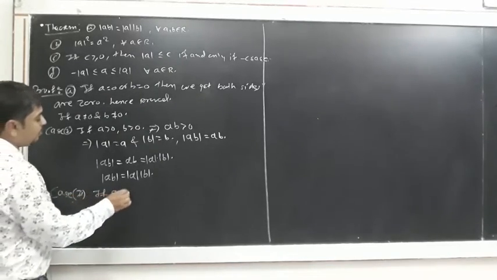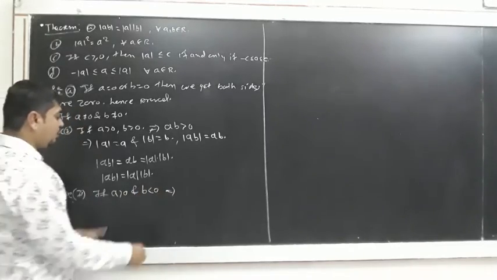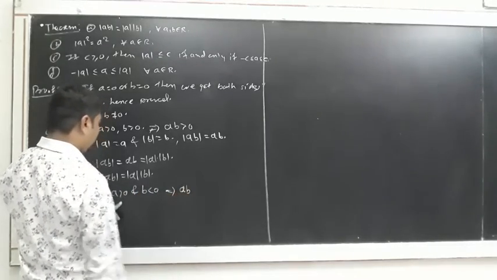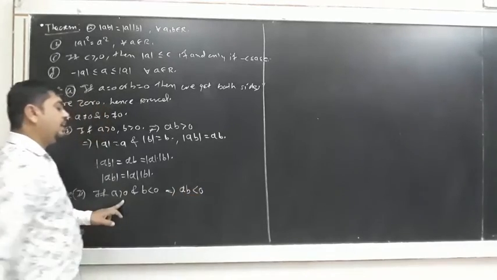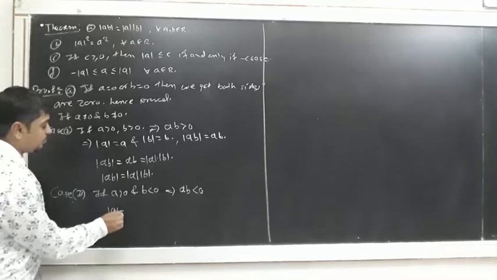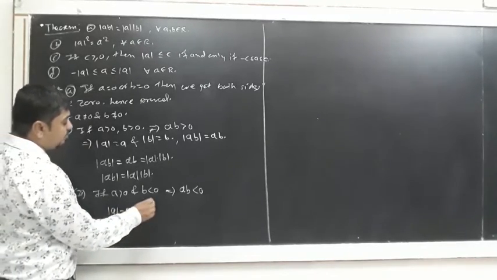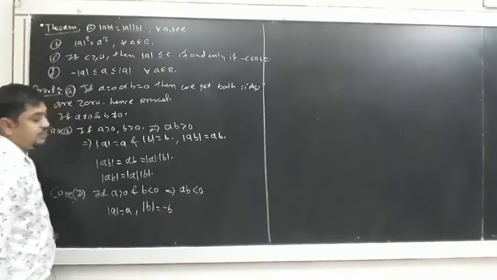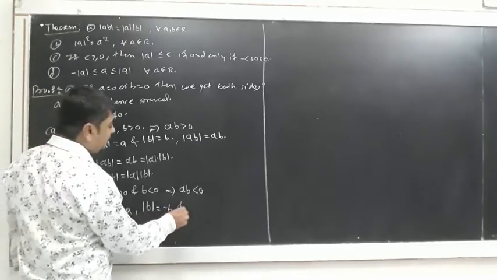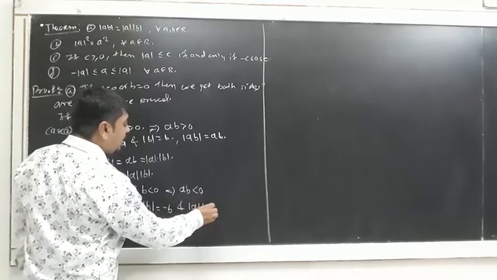Case two: if A is positive and B is negative, then the product A dot B should be negative. Then the absolute value of A is A, the absolute value of B is minus B, since B is negative, and the absolute value of AB should be minus AB.